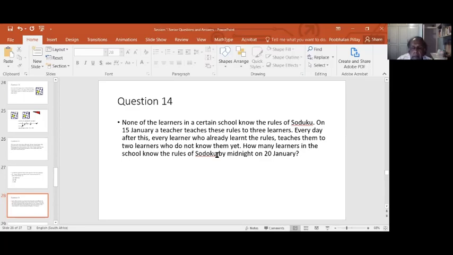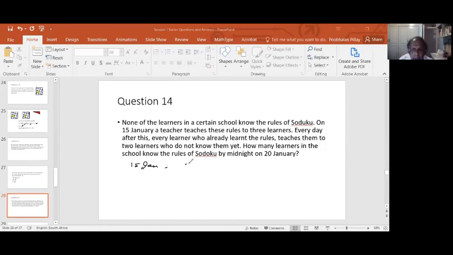This is a game where you have numbers adding up to 9. So nobody in the school knows the rules for this. On the 15th of January, a teacher teaches these rules to 3 learners.